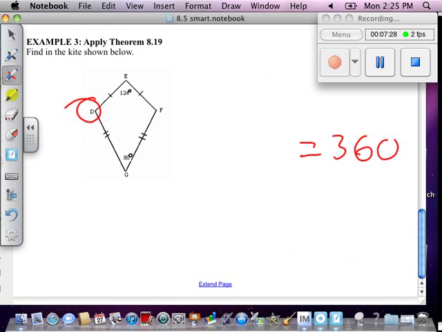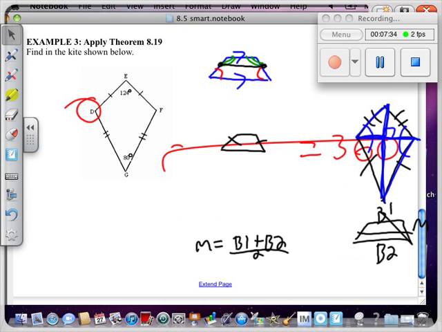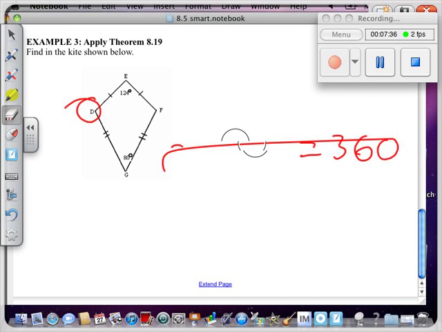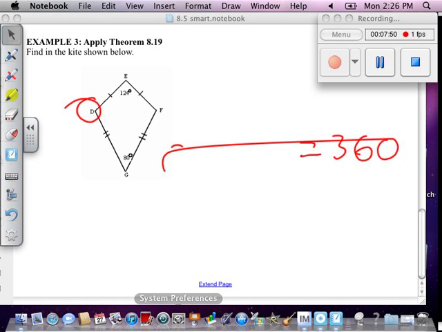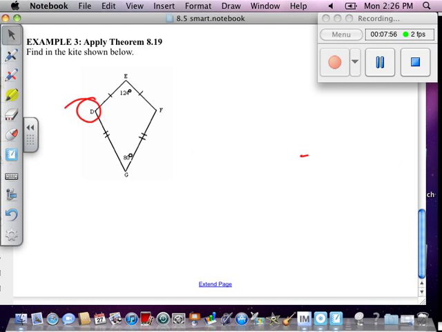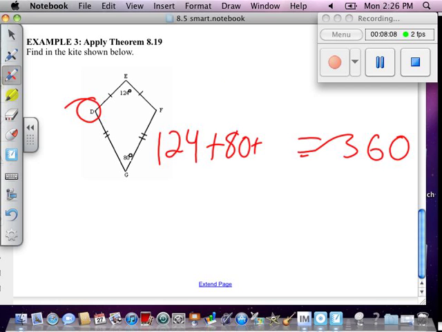I've got 124, 124 plus 80 plus, what do we know about a kite?